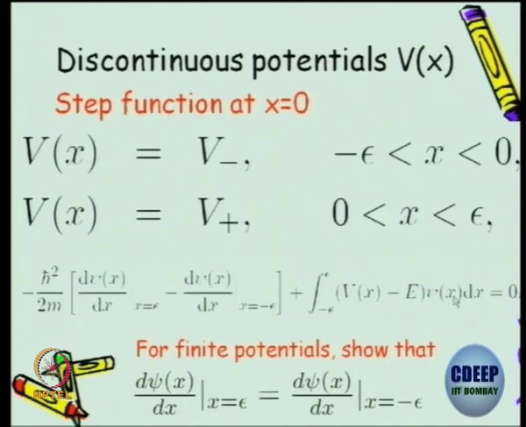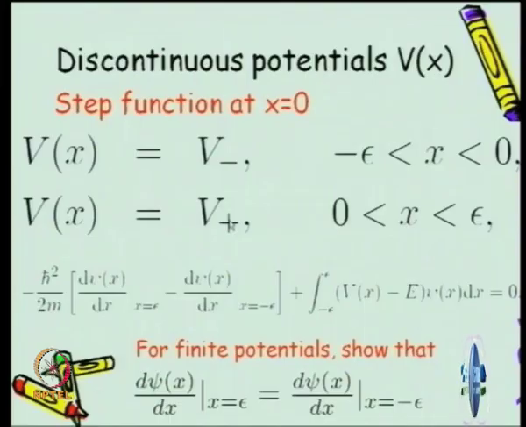Similarly, E psi of 0 times another epsilon comes, 2 epsilon. When you take the limit epsilon tending to 0, what happens to the second term?